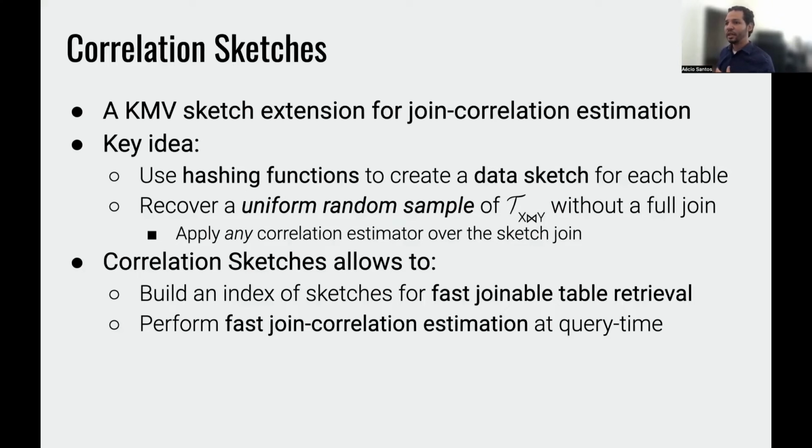And this sketch allows us to recover a uniform random sample of the join table without actually having to materialize a full join. Once we recover this random sample, we can apply any correlation estimation. Could be Pearson's, could be Spearman's, or any other correlation estimator between these tables. And again, it allows us to build these sketches, build these indexes, and perform this estimation at query time.